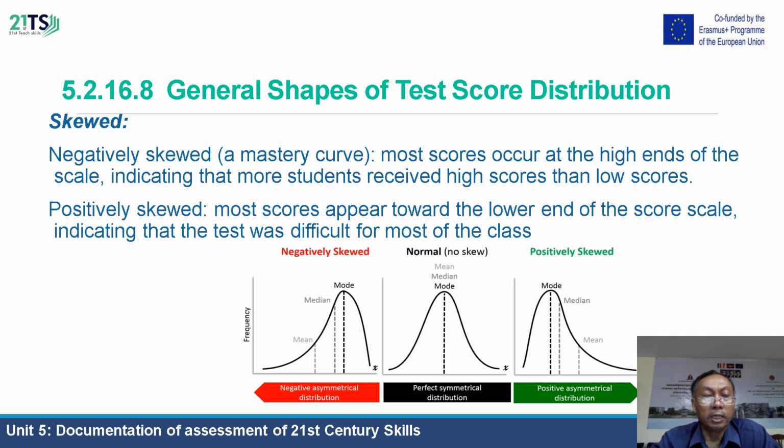Skew. Negative skew: a curve like this means most scores occur at the highest end of the scale, indicating that more students receive higher scores than lower scores. Positive skew means most scores appear toward the lower end of the score scale, indicating that the test was difficult for most of the class.